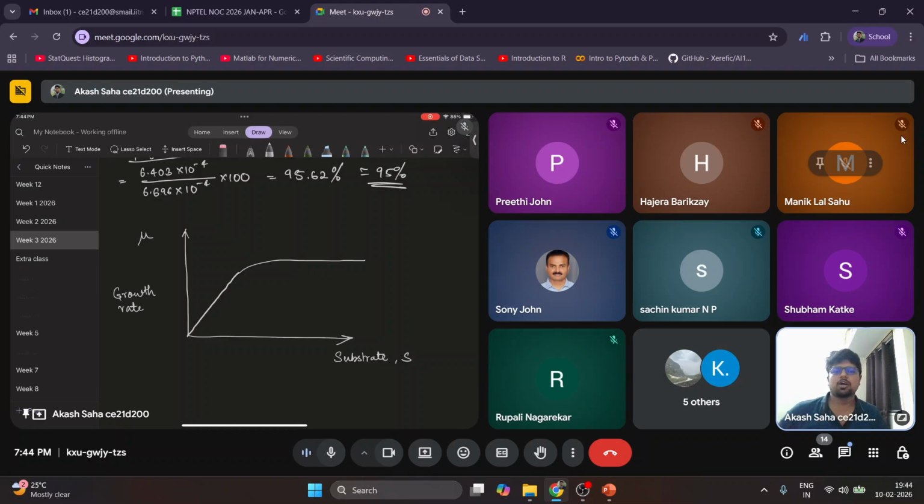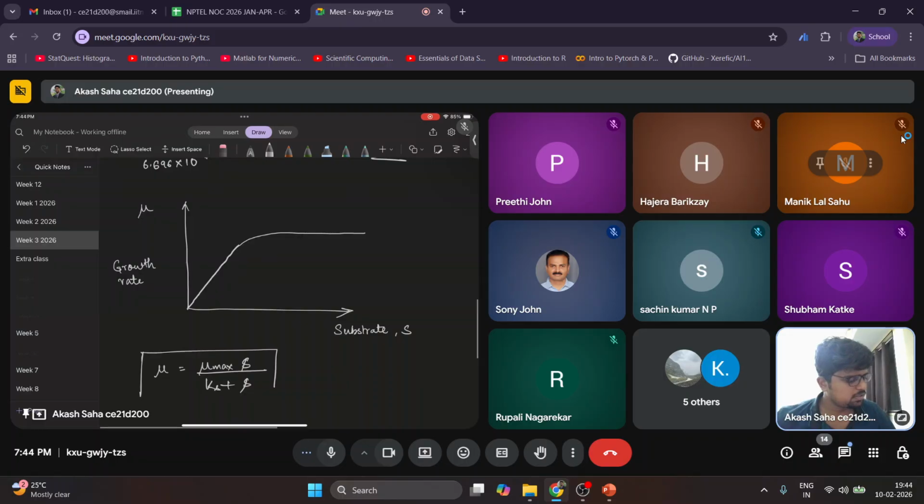So this is the Monod graph, or Monod relationship. Generally mu is equal to mu max S divided by Ks plus S. So growth rate will increase up to a point with respect to the substrate, and then it will be constant for any bacterial growth. That's what is generally observed.